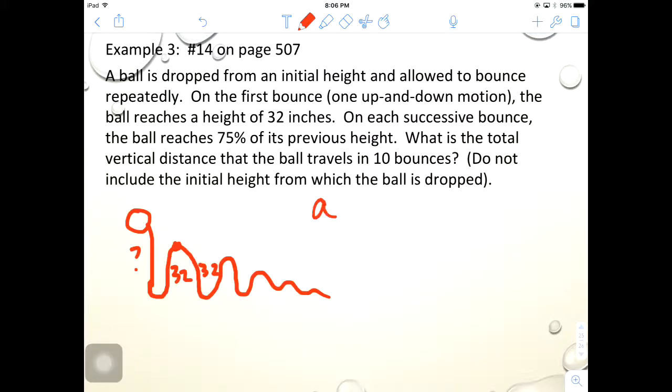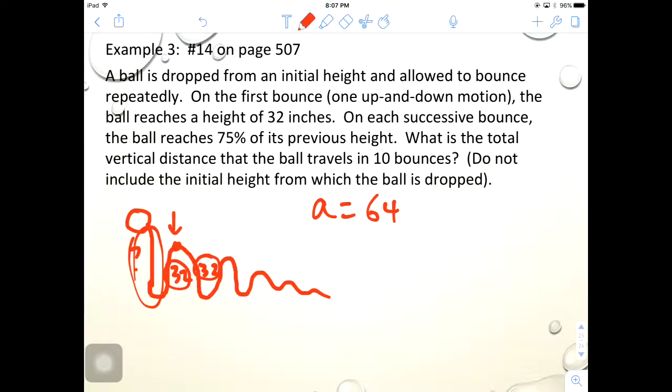So the initial value is equal to 32 plus 32, which is 64. We're counting from here, and it says do not include this first step. So whatever it is, we don't include it, but we include the first repeating one. If we count the first one coming up 32, going down 32, that's 64.